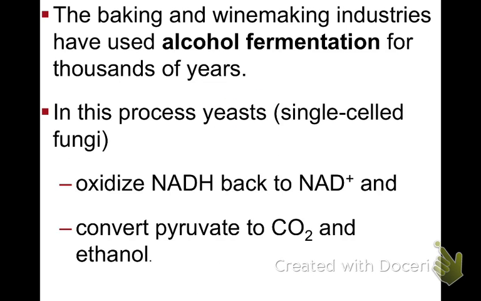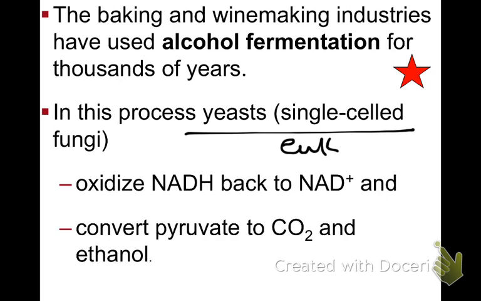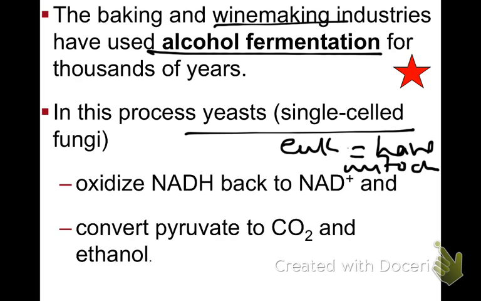On the other hand, you have yeasts. What do yeasts do? Yeasts are single-celled fungi. They are technically eukaryotes, right? So they have mitochondria. So how do you trick these guys into making alcohol for you or making wine for you?